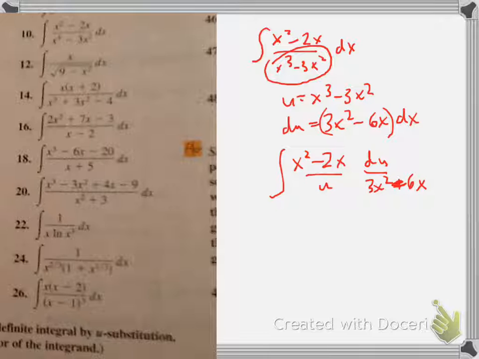And you end up with an extra 3 in the denominator, so we're going to factor that out to the front. Then factoring out that 3, you get 1 over u du.